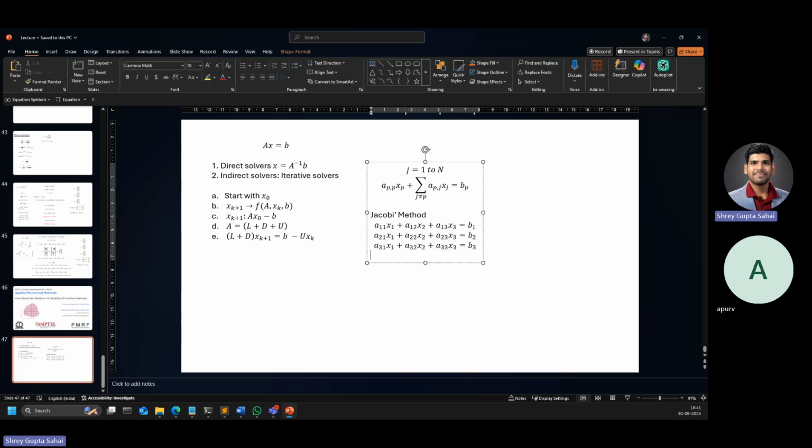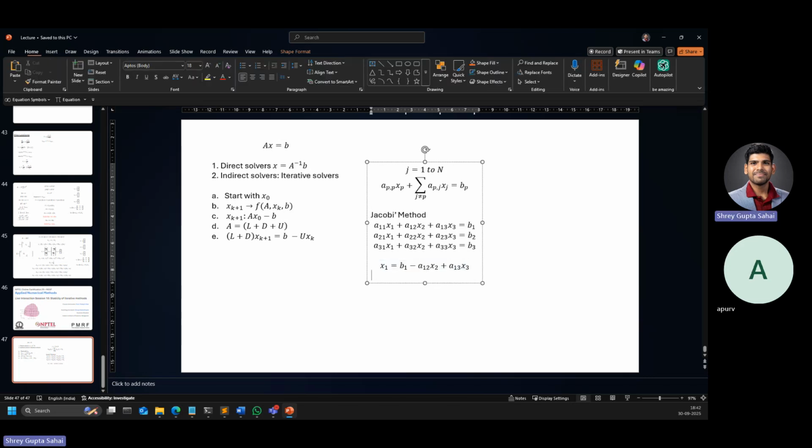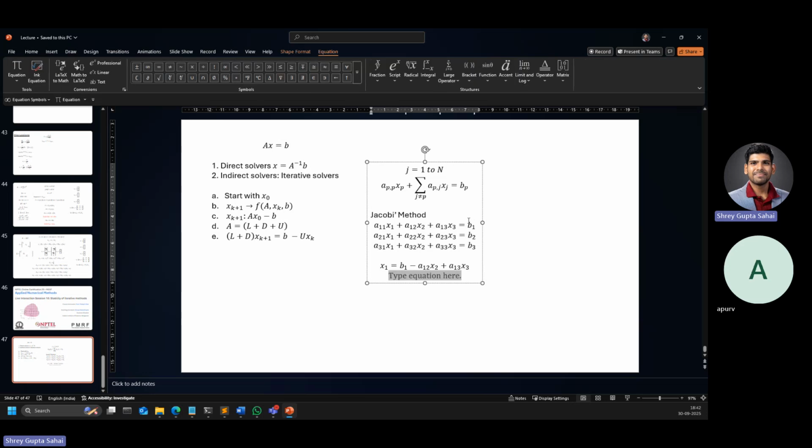In the first iteration, you find x1 by writing b1 minus a12 x2 plus a13 x3, and so on. And this is a11.